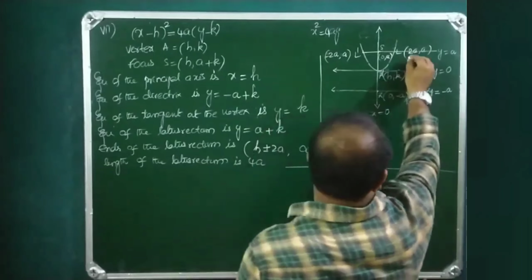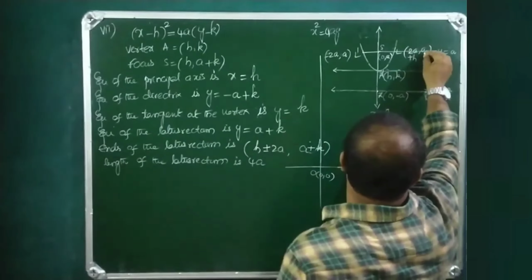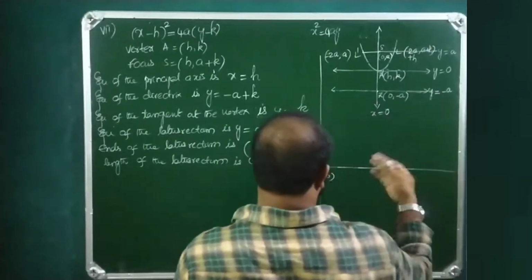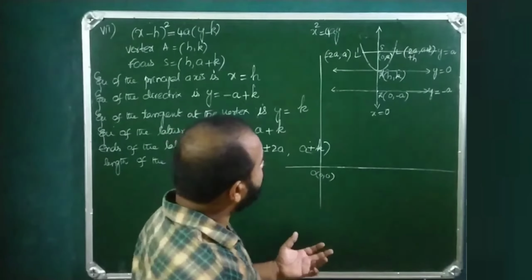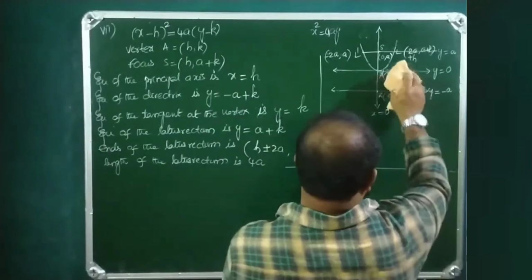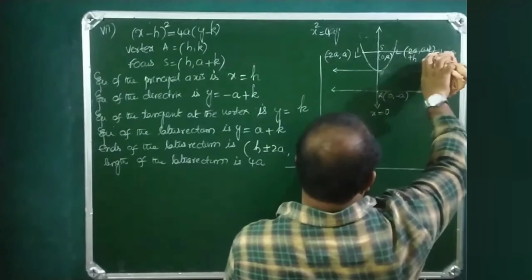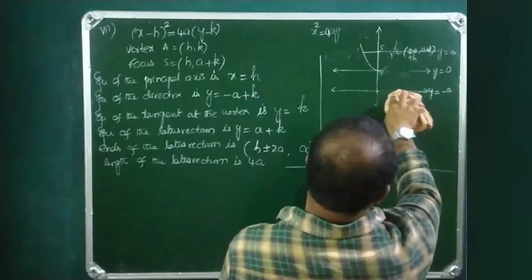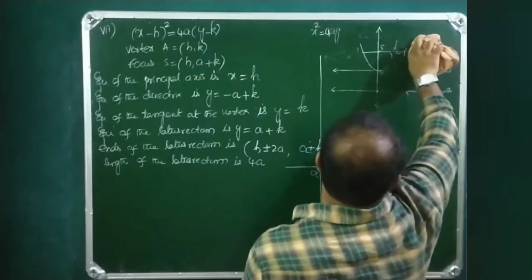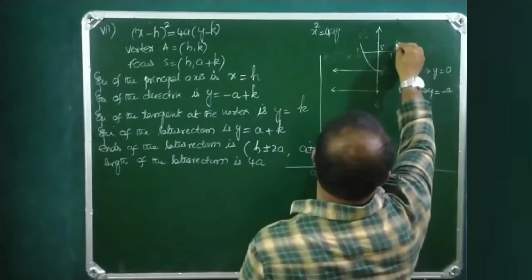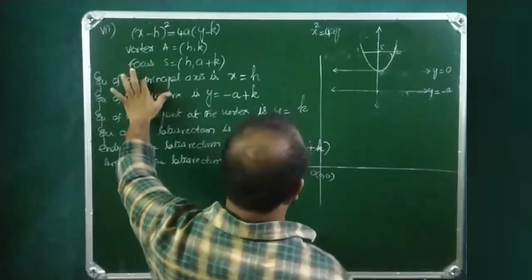That is why here it will be h and this will be added with k. Everything will be changed like that. So this is the diagram, and the points are what I have written. This is the diagram of this parabola.